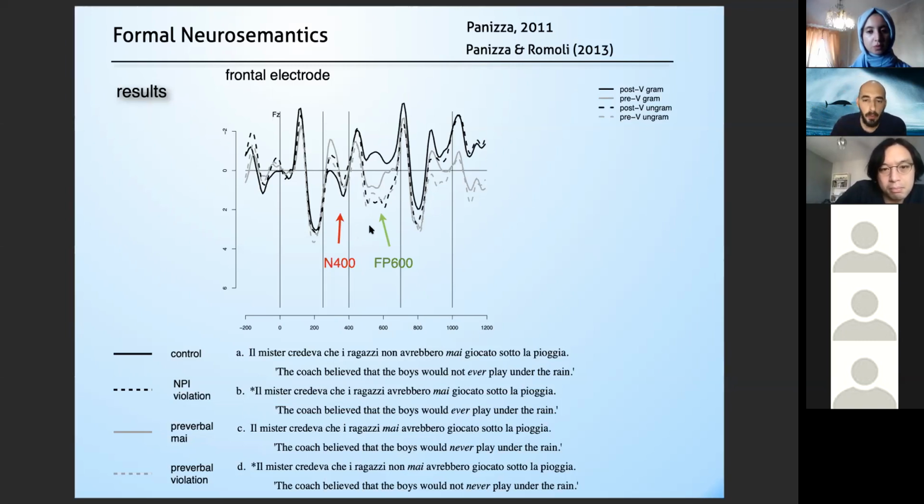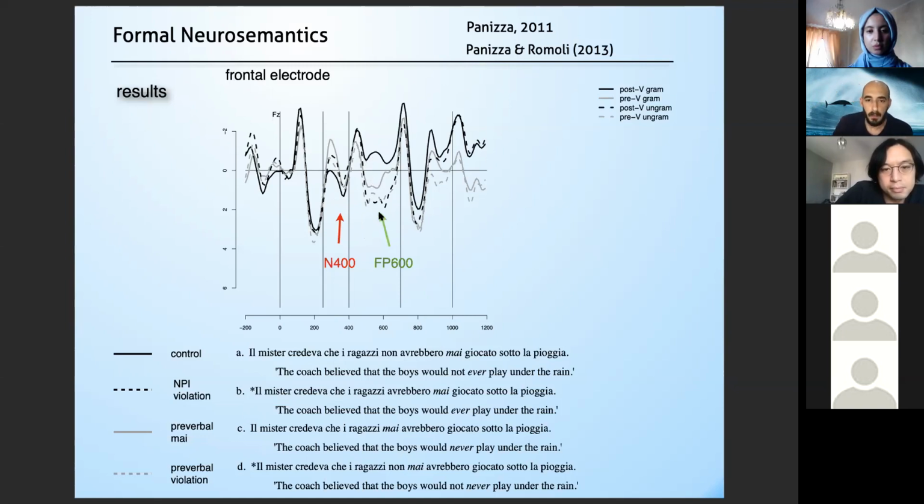Then we move forward in time and we find a P600. You also see how a biphasic pattern is revealed. This is more negative because it's upwards, and this is more positive because it's downwards. Now all your experimental conditions are more positive than the control.